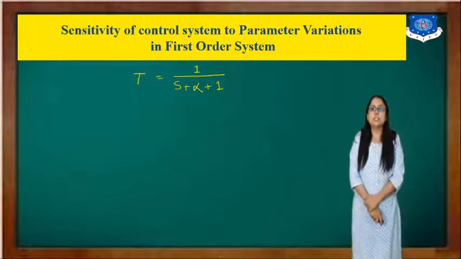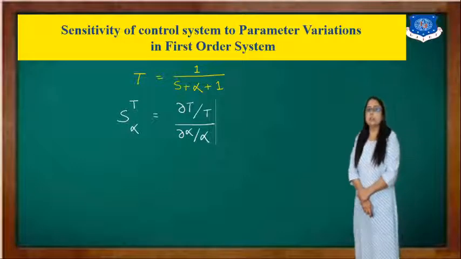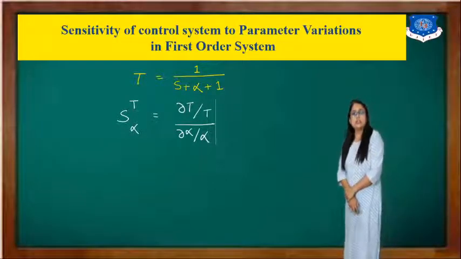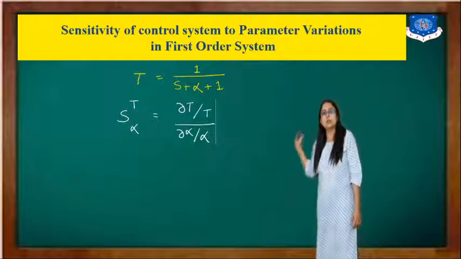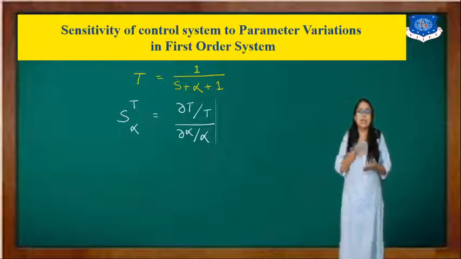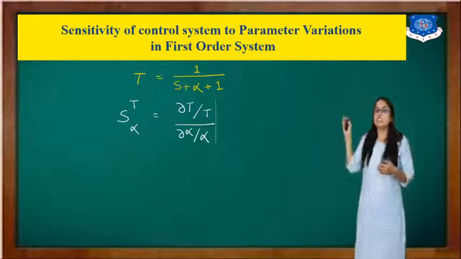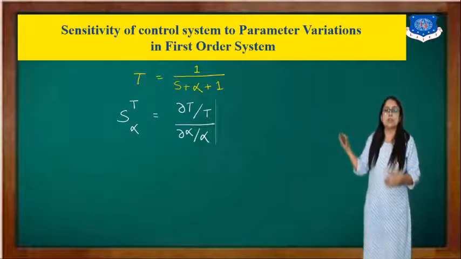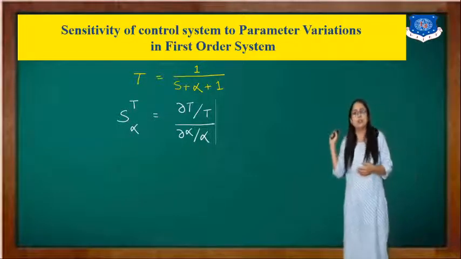Now, this is our transfer function, and we want to find the sensitivity of this transfer function with respect to alpha. The equation is S T alpha, that is delta T by T, the change in the transfer function, upon delta alpha by alpha, the change in the parameter alpha.